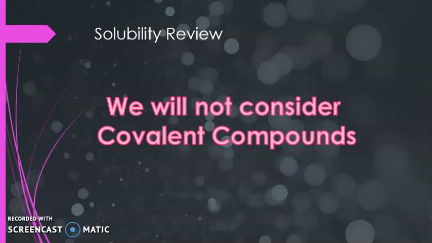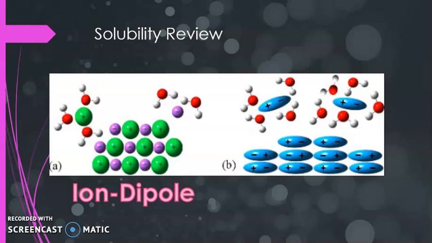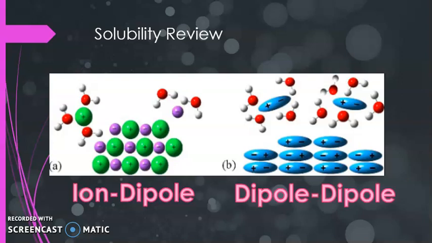But again, just to take a moment to review what that actually looks like, on the left-hand side of the screen, you can see an ionic crystal lattice being dissolved by the polar water through ion-dipole interactions. Whereas on the right-hand side of the screen, you're seeing a polar material being dissolved by the similarly polar water through dipole-dipole interactions.